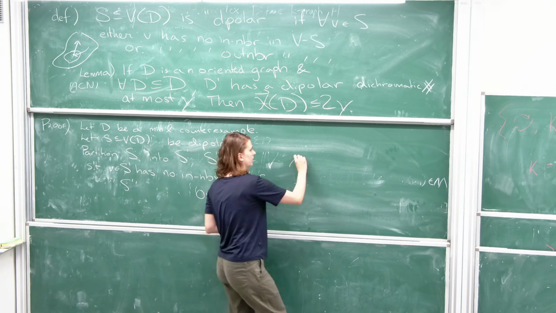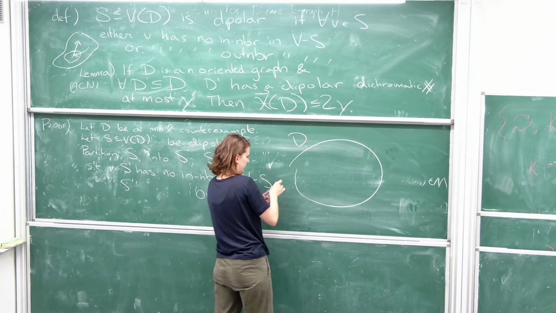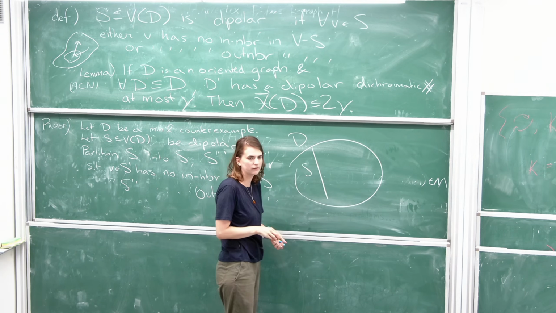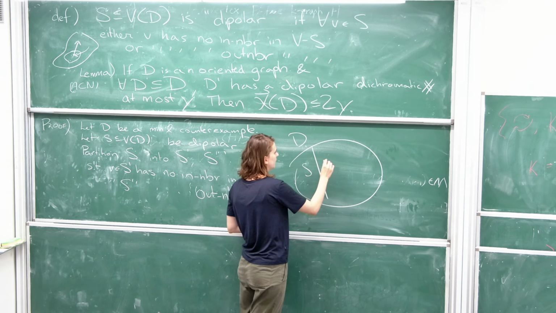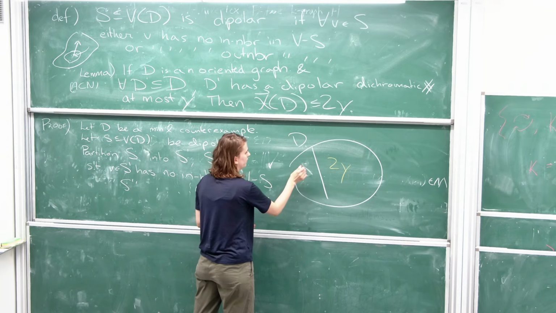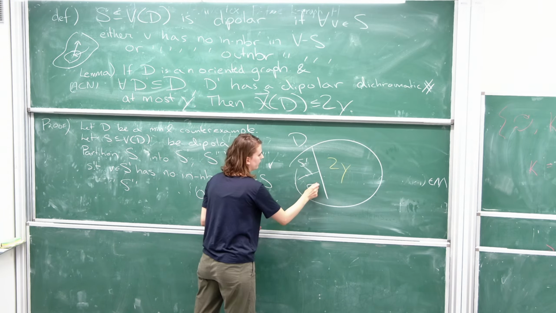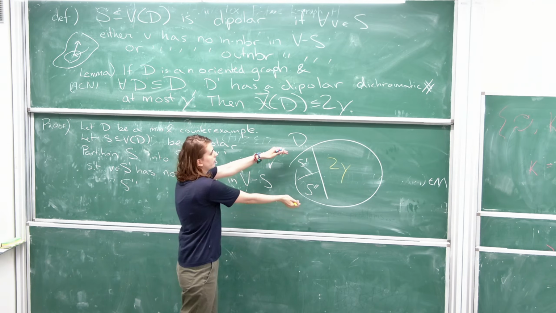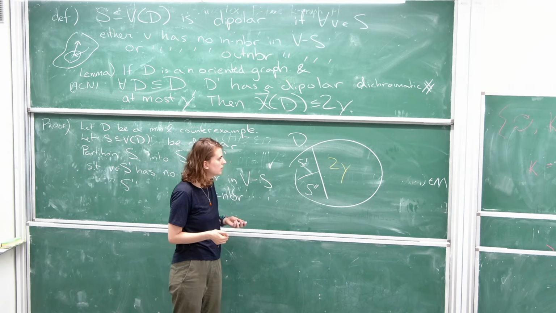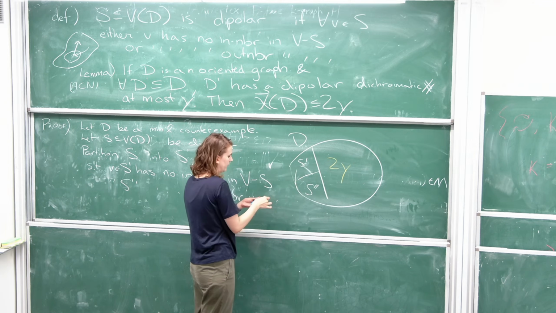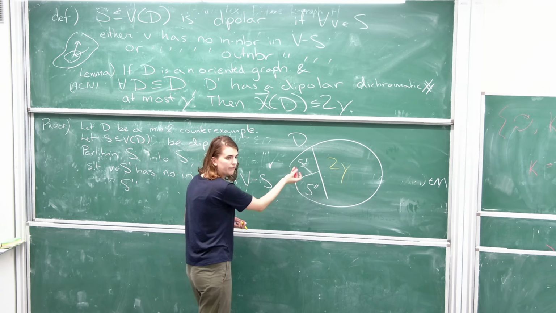So if this is your digraph D, and we have S here, by induction we can color the rest with two gamma colors. And then we partition S into S prime and S double prime. Since the whole of S has dichromatic number at most gamma, we can color each of these with gamma colors, but we use different palettes.